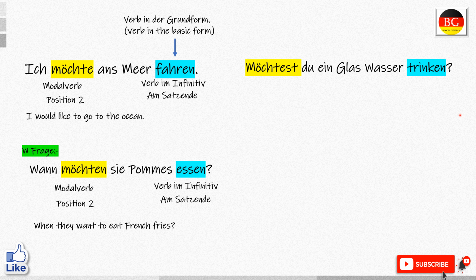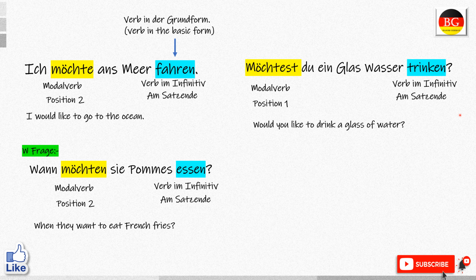Let's see the Ja-Nein-Frage. Möchtest du ein Glas Wasser trinken? Would you like to drink a glass of water? So again, möchtest comes at the beginning of a question. That means this is a Ja-Nein-Frage. The modal verb takes position one and the main verb in infinitive comes at the end of a sentence.